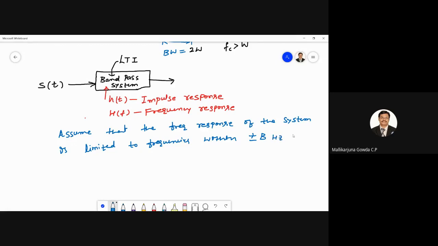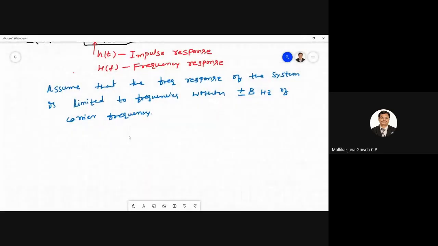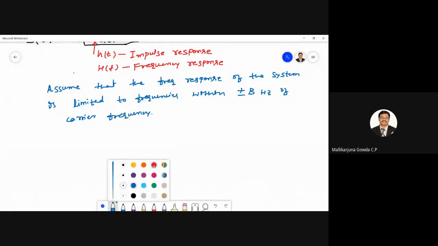It means I am restricting the bandwidth of the system also. So the bandwidth of the system is less than or equal to the signal bandwidth. The signal bandwidth is 2W, and the system bandwidth is plus or minus b hertz.